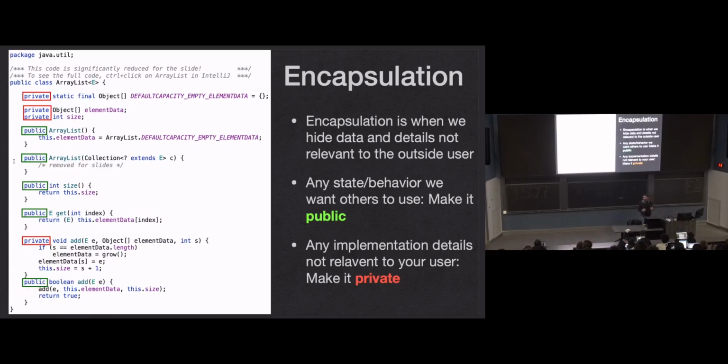You just import ArrayList and call the constructor, call new ArrayList. Everybody has access to that method. The private methods, nobody has access to except the code contained within the ArrayList class itself. So nobody else has access to private variables and private behavior, private methods. This is, in general, called encapsulation.